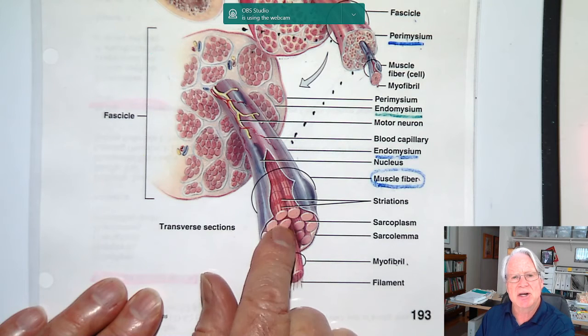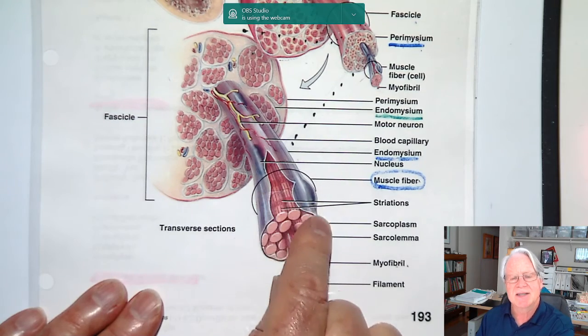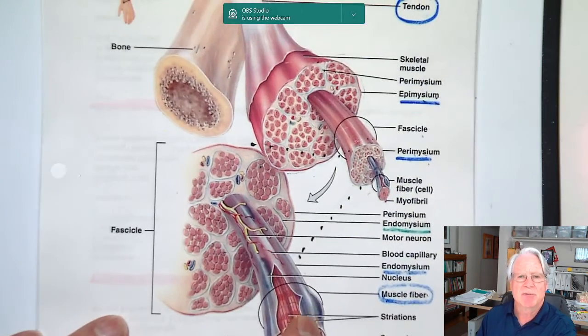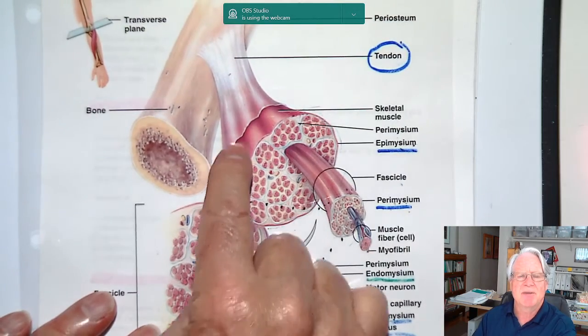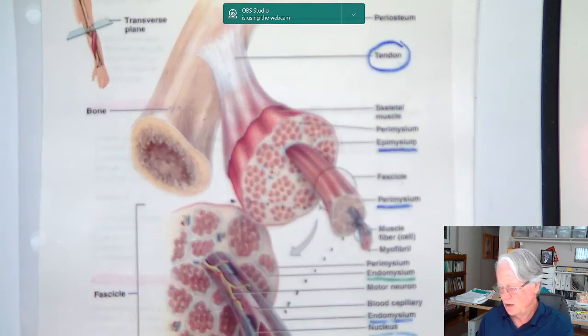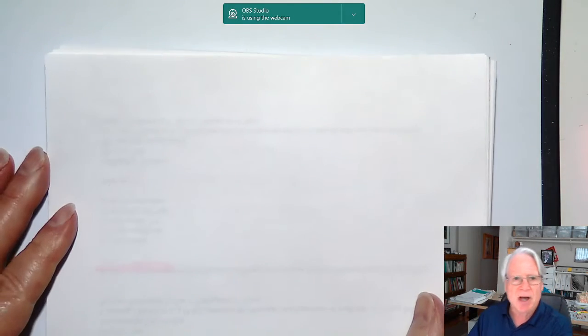But they look like, and can be mistaken for, individual cells. No, this is the entire cell, and we're bundling these cells together into fascicles, and then we're wrapping the entire muscle.